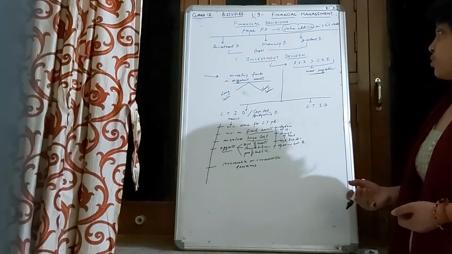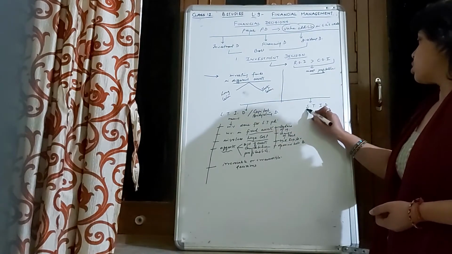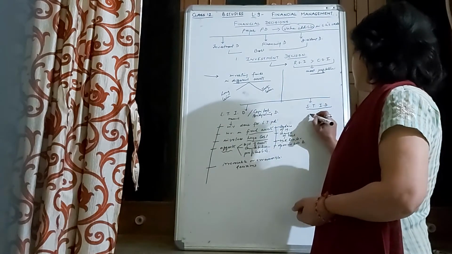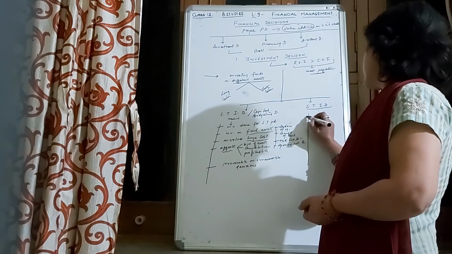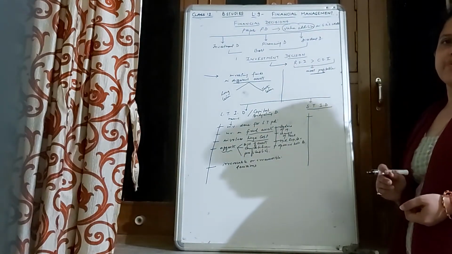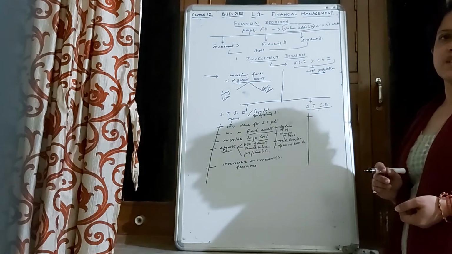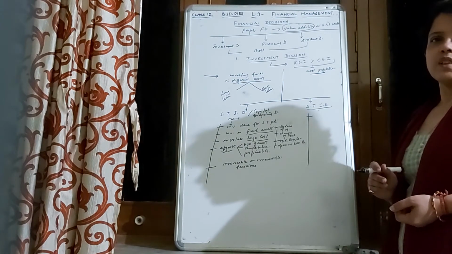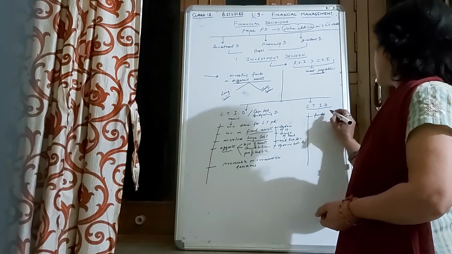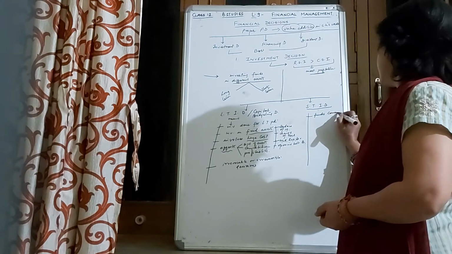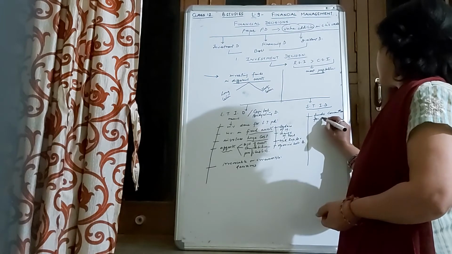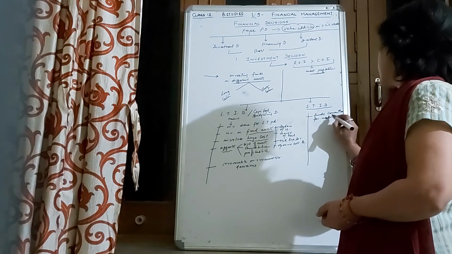The second type of investment decision is short term investment decision. Short term investment decision means that type of investment decision which is taken, for which the funds are committed for short term period, for meeting short term requirements.